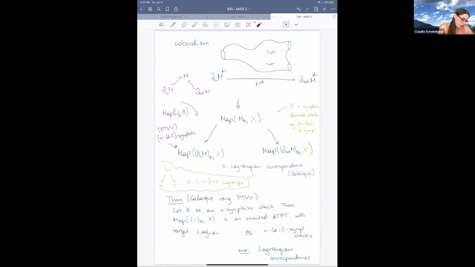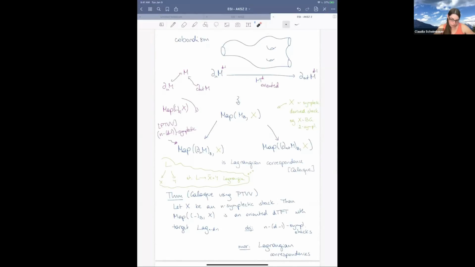What I guess I didn't write here, I wrote it above, but this should be oriented. We're using Stokes' theorem here several times. Of course, this involves having a good category of Lagrangian correspondences here, and I will explain this a little bit on the next slide.